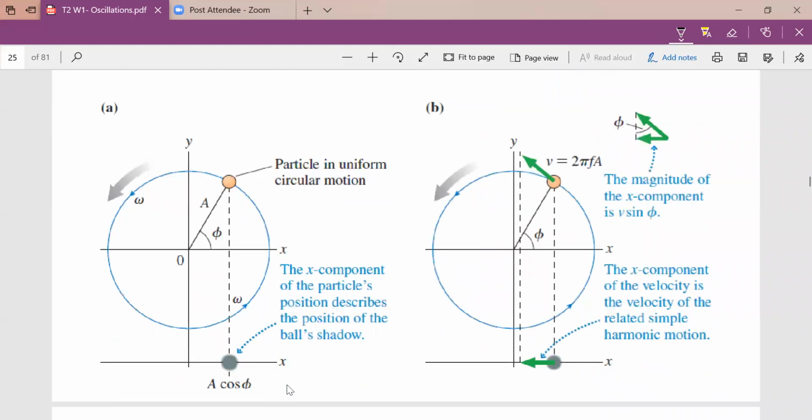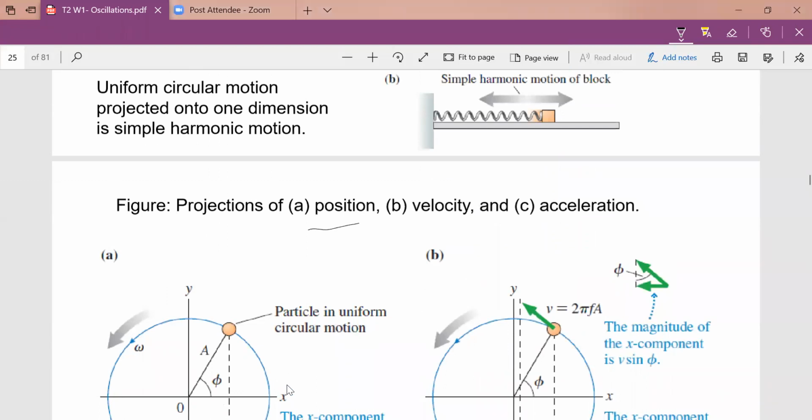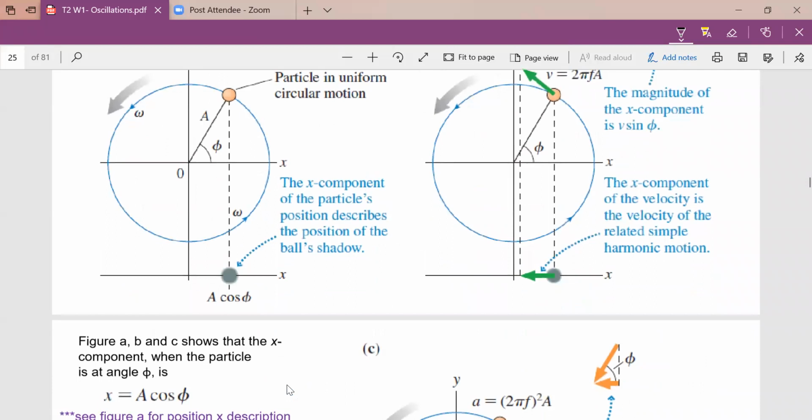So first, we're going to, from the graph, describe the position, velocity, and acceleration. From the position, this is the screen plane. At different positions, the ball will be at a different position on this plane. So the ball at this position right now, we describe that position as A, which is amplitude or displacement, cos phi. Okay.